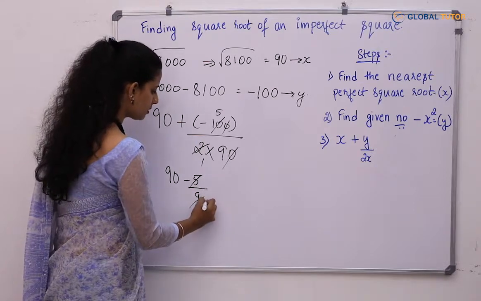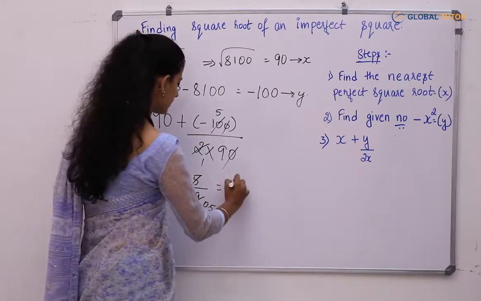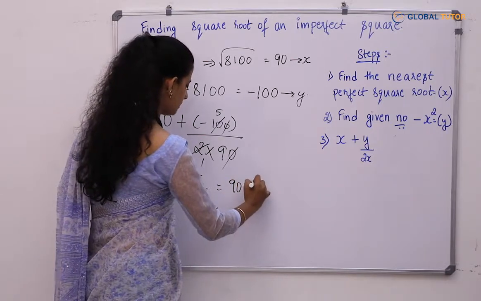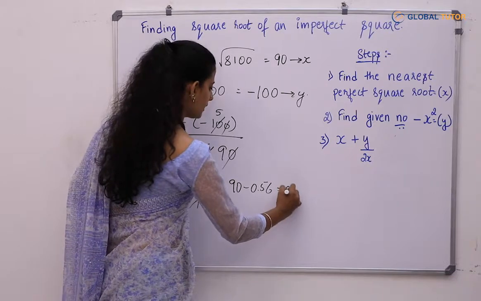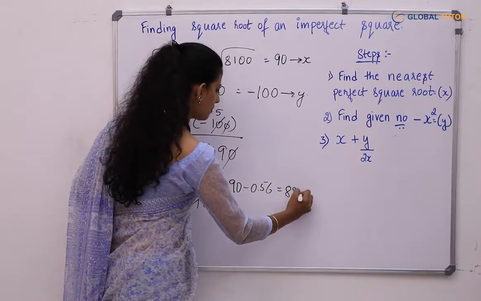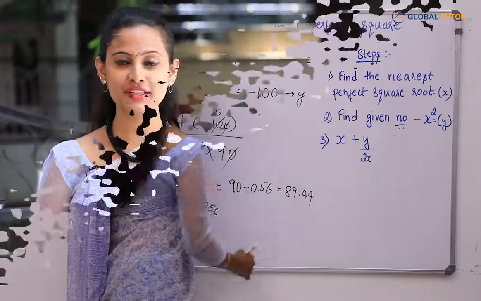So this is 0.56. When you subtract, 90 minus 0.56, it will be 89.44.